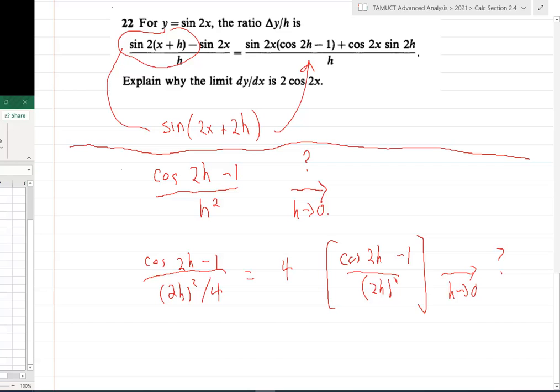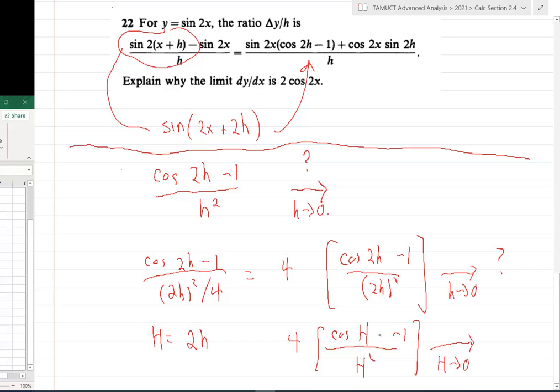All right, now I can replace this 2h with something else. Maybe I'll replace it with capital H. Then I get 4 times cosine of H minus 1 over H squared. Now when little h goes to 0, capital H also goes to 0. Okay?